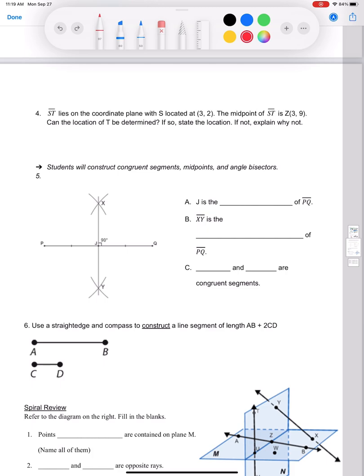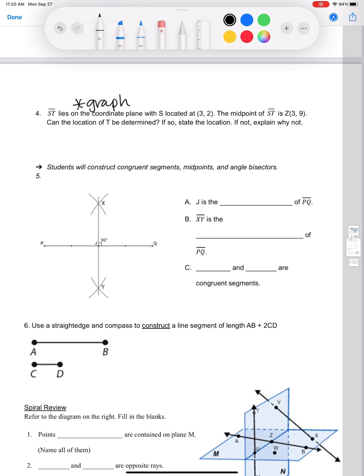So we have number 4, segment ST lies in the coordinate plane with S located at (3, 2). The midpoint of ST is Z at (3, 9). Can the location of T be determined? So I do want to suggest that you go ahead and graph this if you haven't, just to check it out and see the visual confirmation you can get as we did in the last problem.